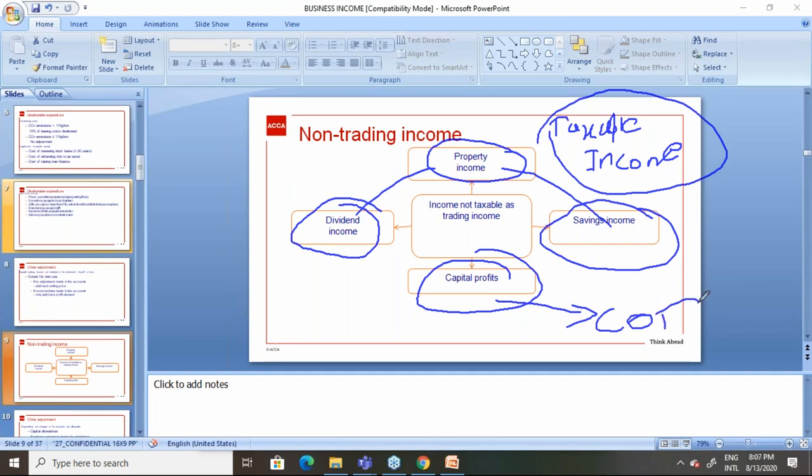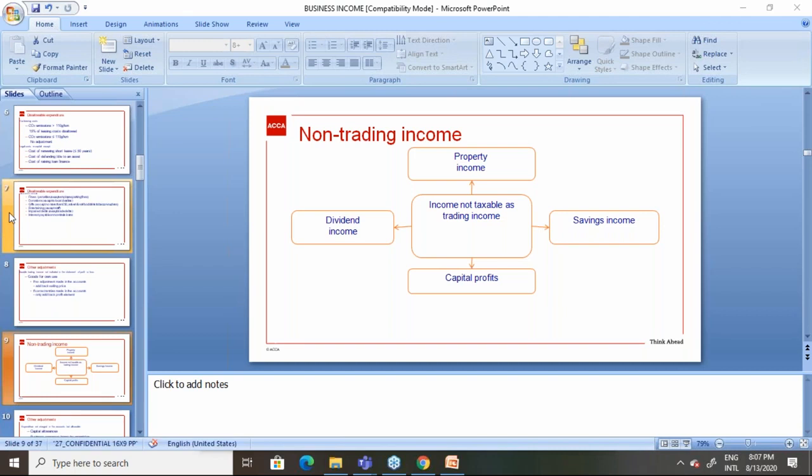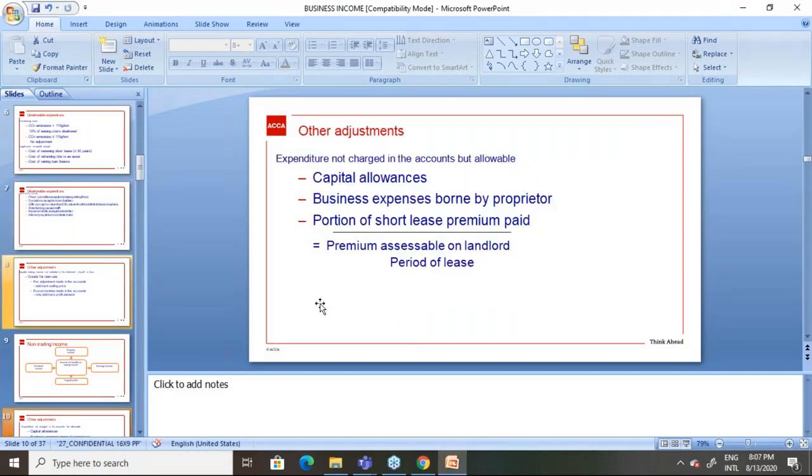Therefore, when you were calculating the accounting profit, if you have included this kind of non-trading income, you need to exclude them from the tax-adjusted trading profit computation. I hope it's clear. Then, other adjustments when calculating the tax-adjusted trading profit. A commonly tested one is there, but not in detail, but with a simple computation.